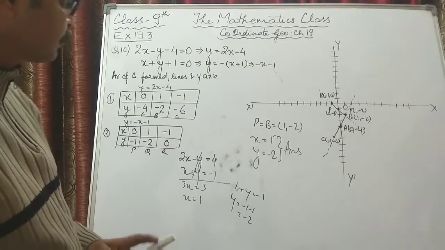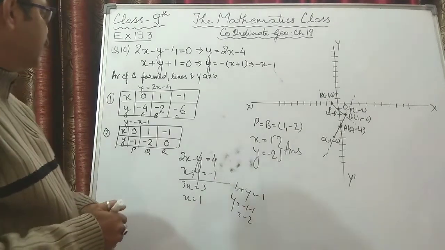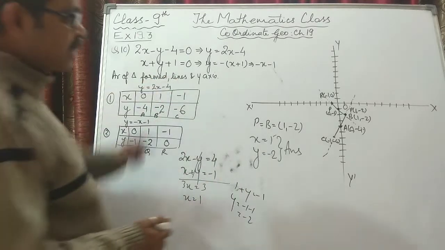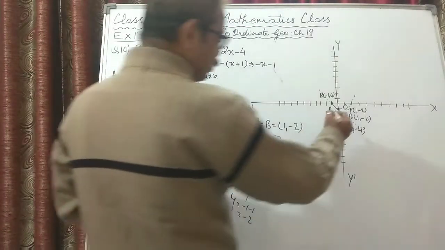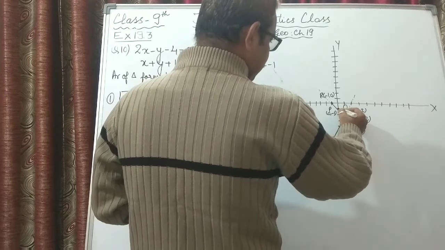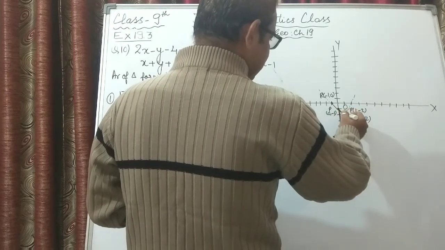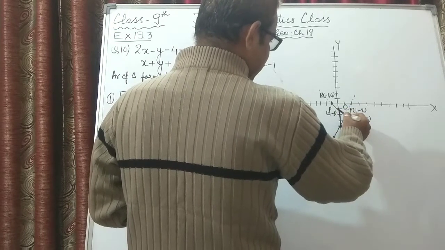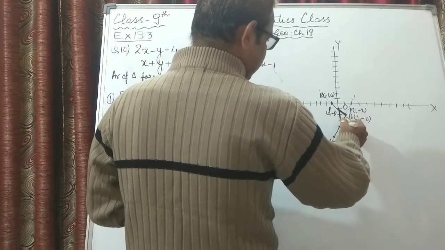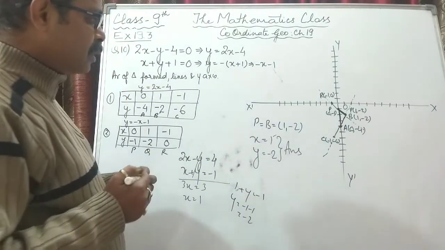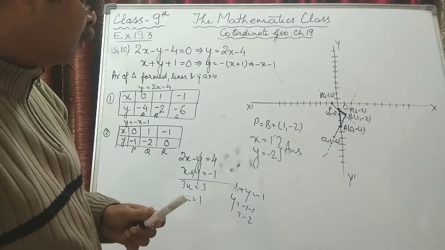They say find the area formed by these lines and the y-axis. So this is the triangle that is being made. This is the base and this is the height. I mean to say this is a small triangle. We have to find the area of triangle PBA.